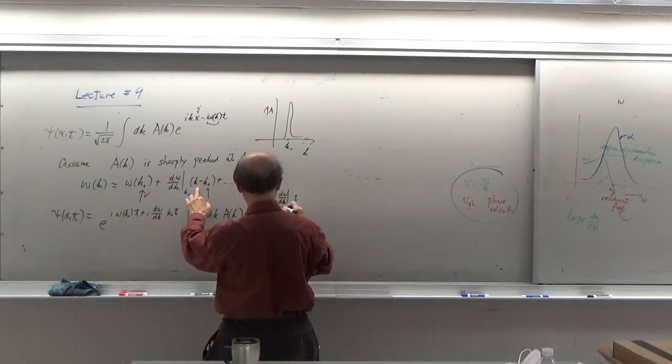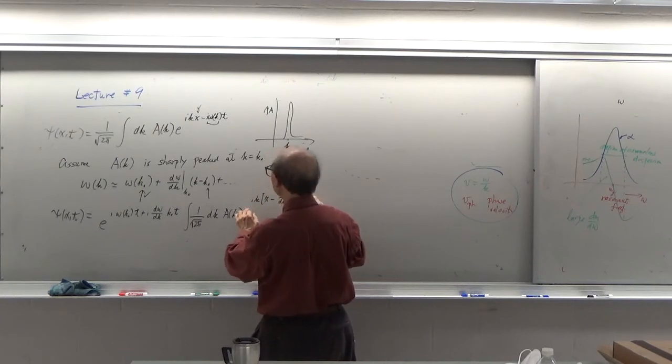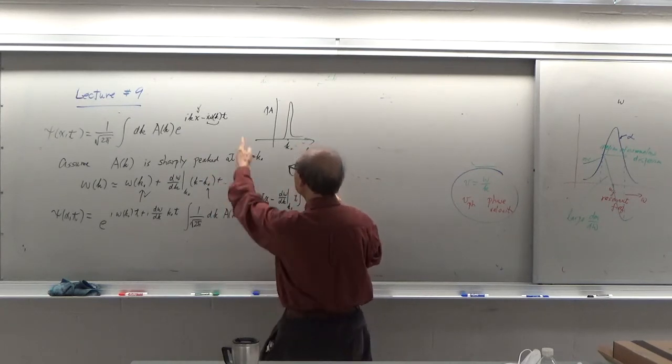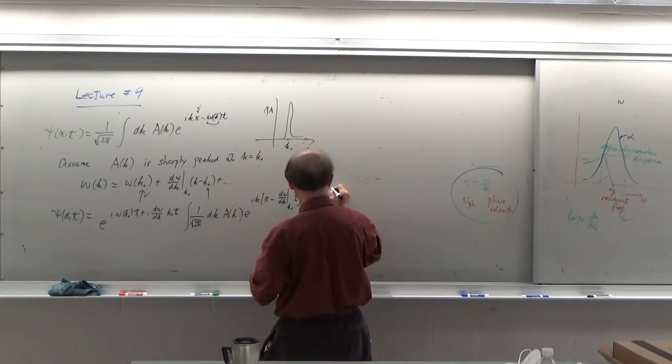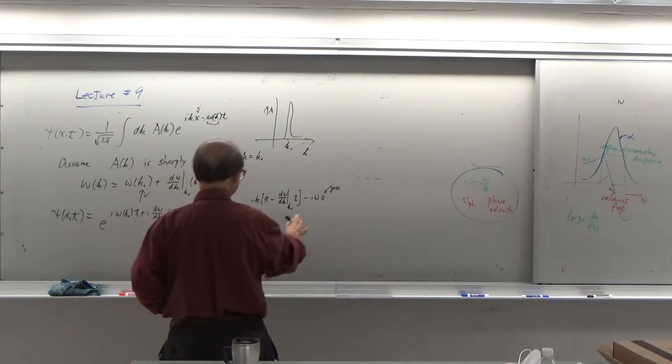This term is also multiplied by k, it's both sides. Then minus i omega, and there's nothing left, times 0. I've incorporated this term here for good reason, as you will see in a moment, even though it's 0.